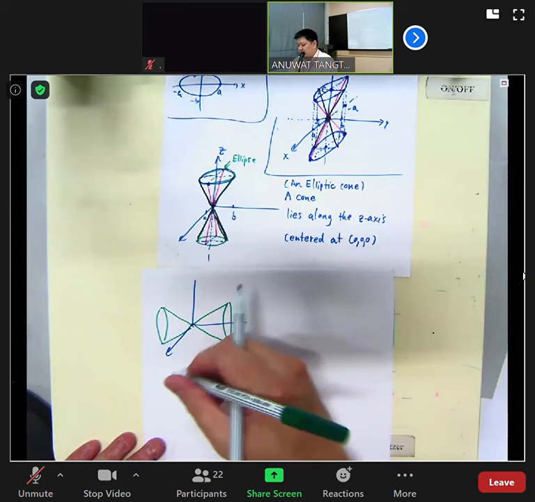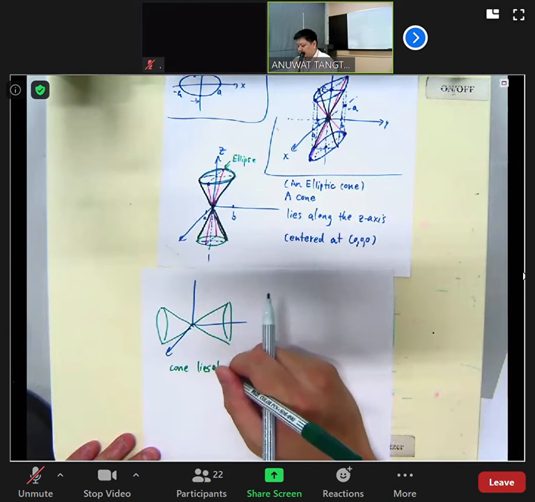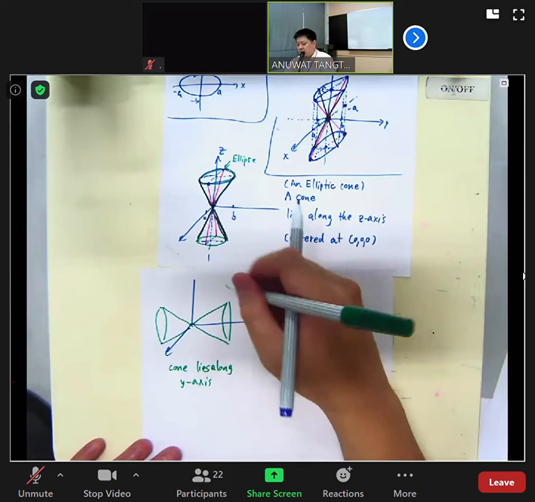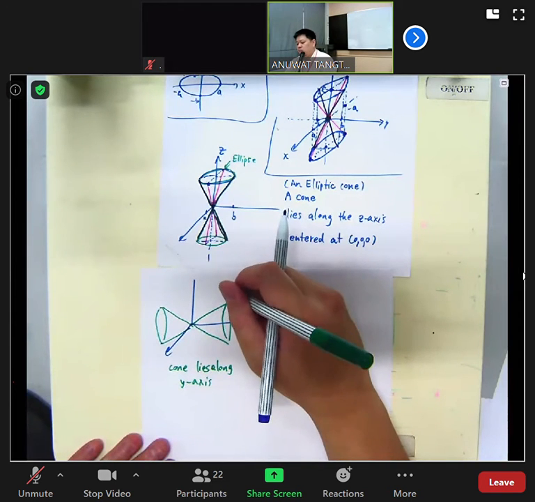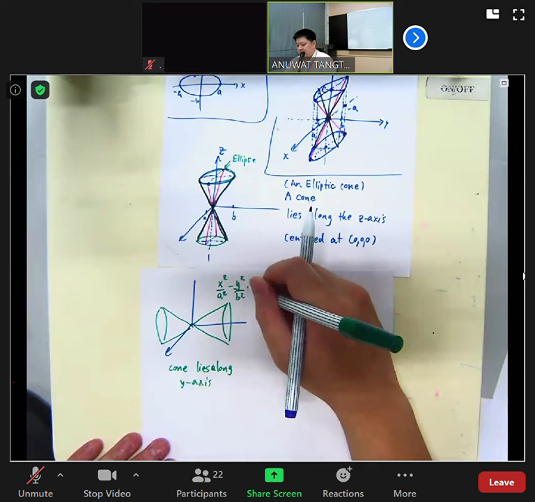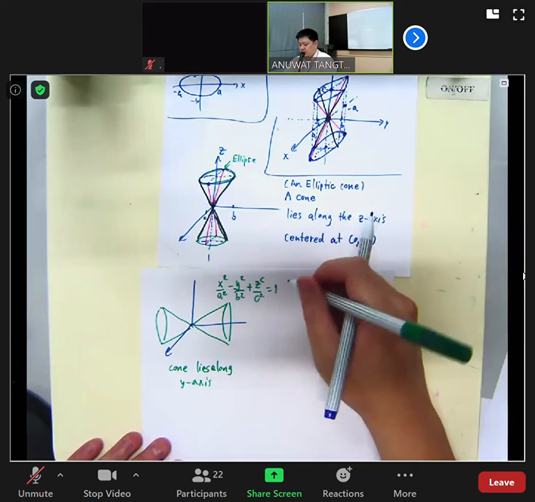So this is the cone that lies along the y-axis, and its equation would be of the form x squared over a squared minus y squared over b squared plus z squared over c squared equal to 1.